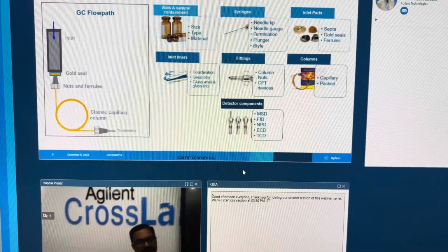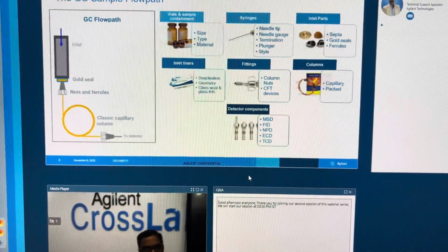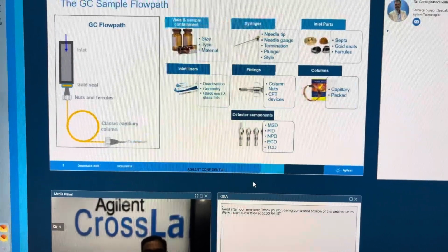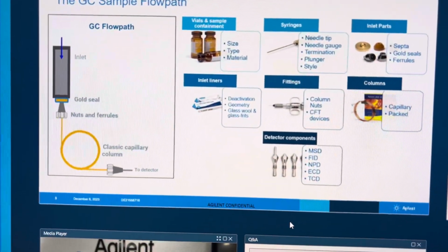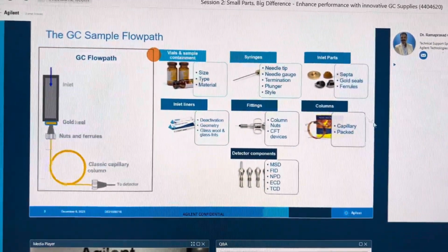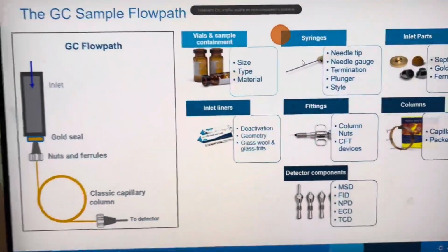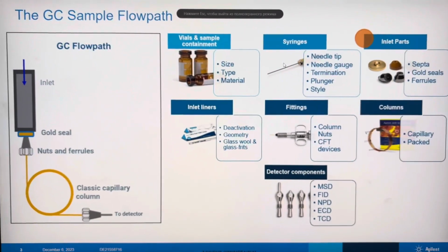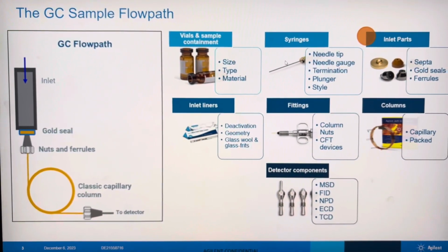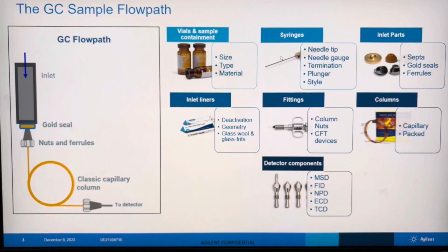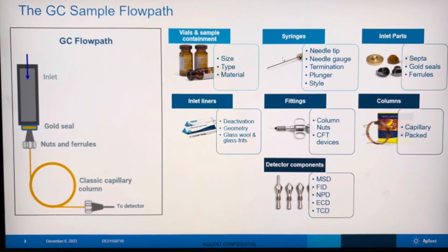So what are the categories we use? Vials, syringes to introduce the sample, and after that it goes to the inlet. Then we have inlet parts like septa, gold seals, and ferrules. In the inlet, we also have another integral part of our analysis, the inlet liners.